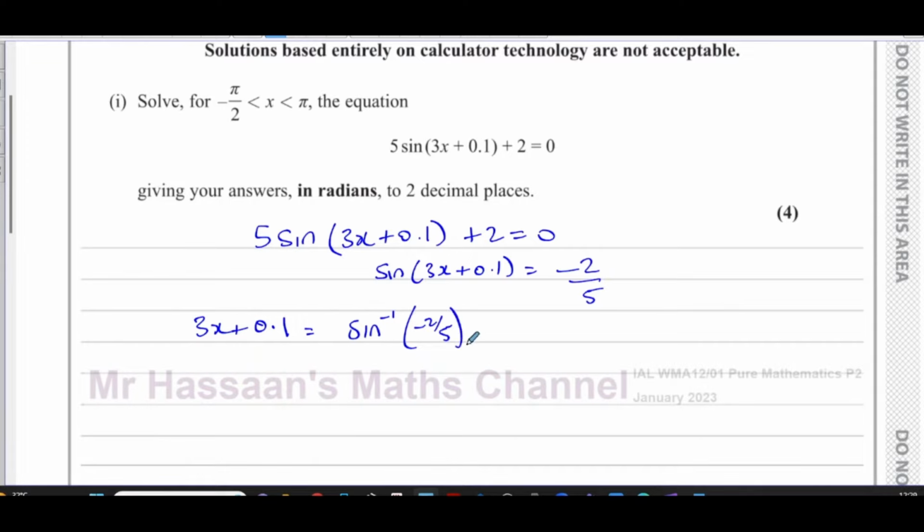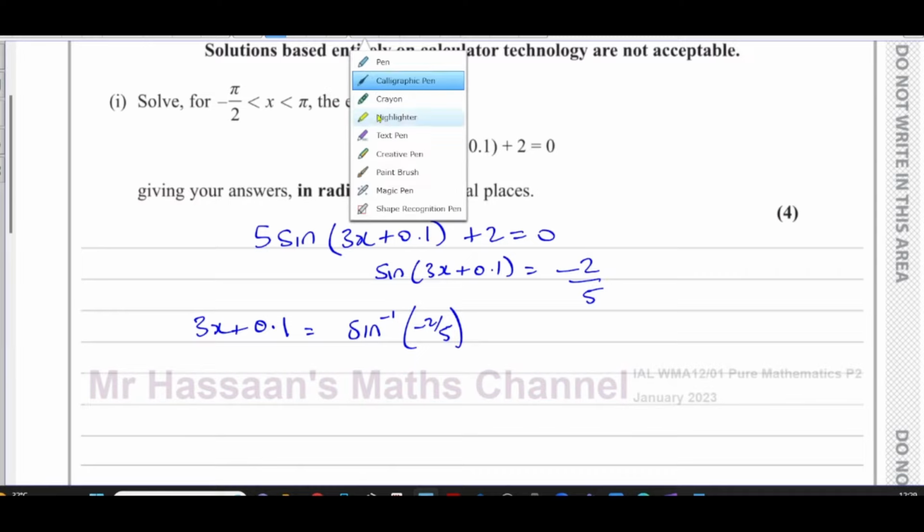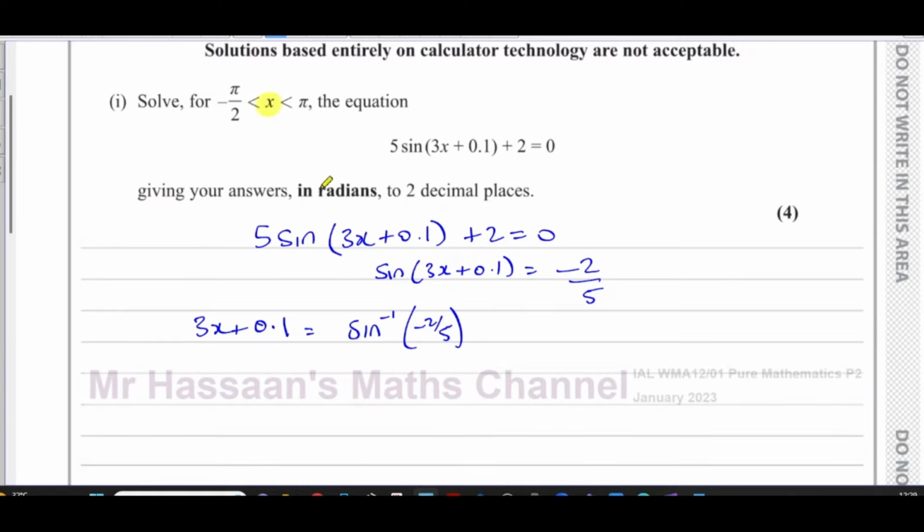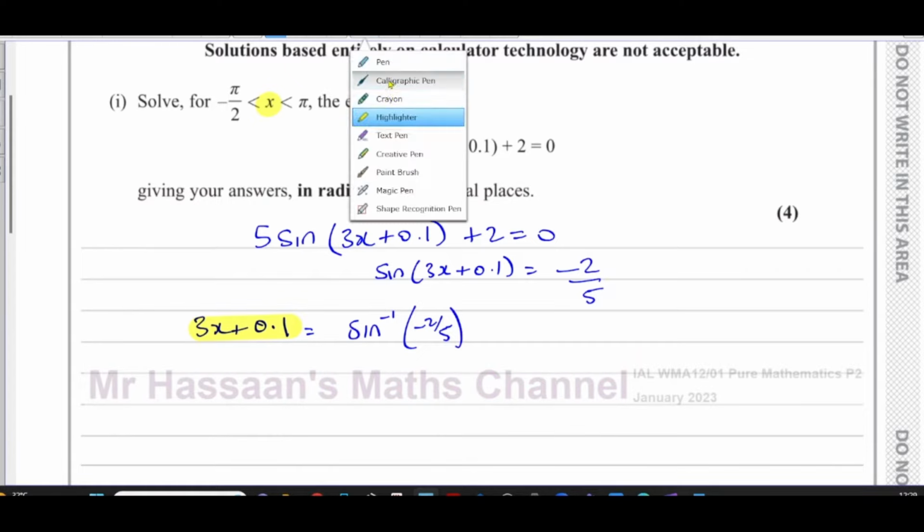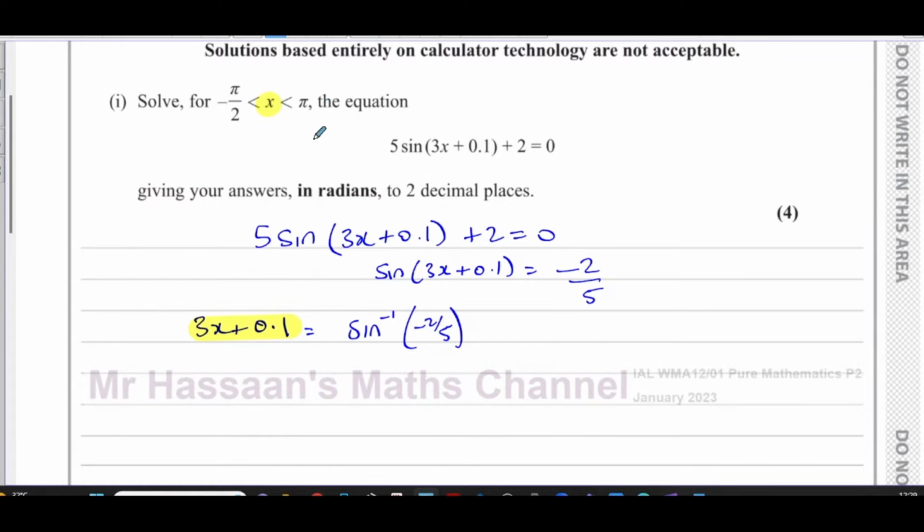But now I have to be very clear about where to start and where to stop in my range of values for the angles. We've got to take the limits that we've been given and modify this x so that it looks like this, and then adjust the limits accordingly. That way we will not lose any solutions in our final answer.